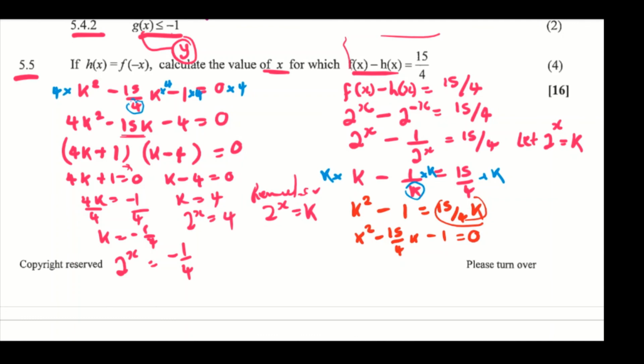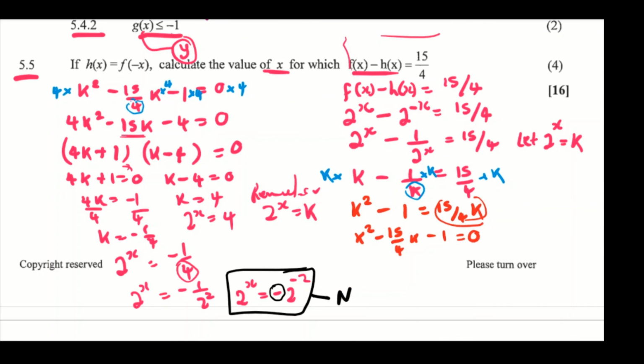The reason why the first one will not have a solution for x is because of this negative here. The bases are not the same because of that negative, so hence this one has no solution.